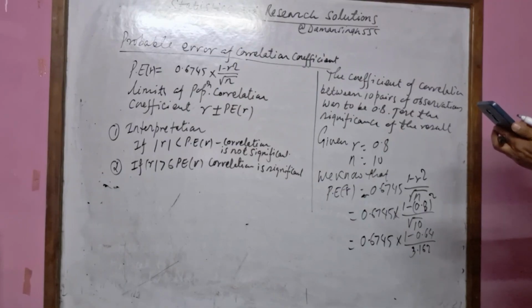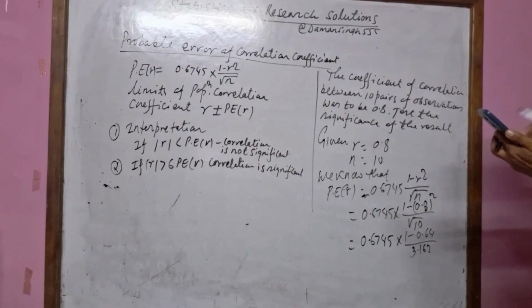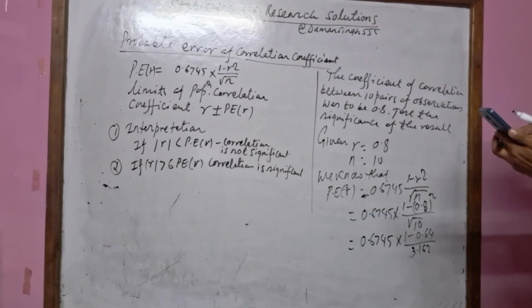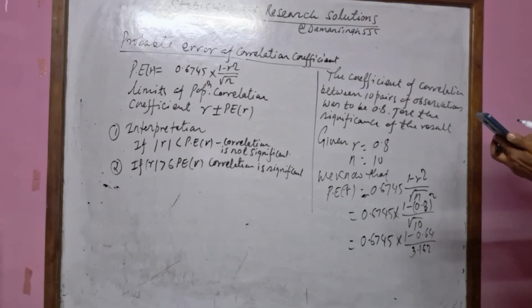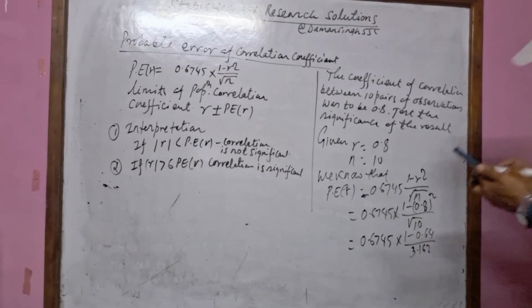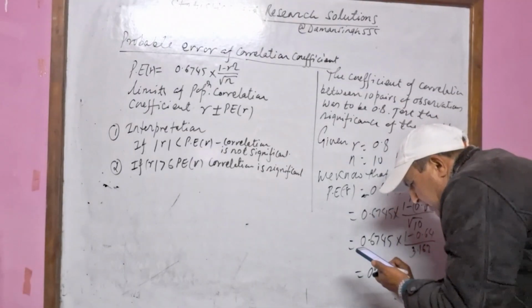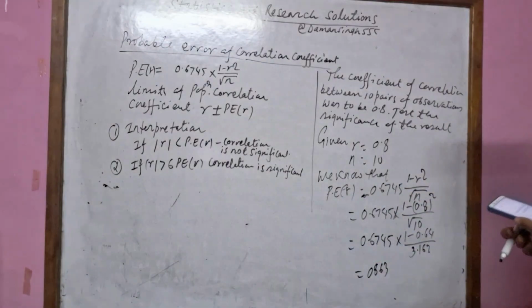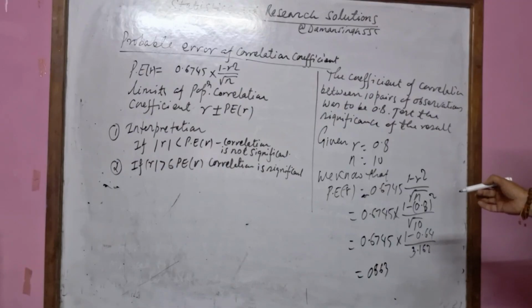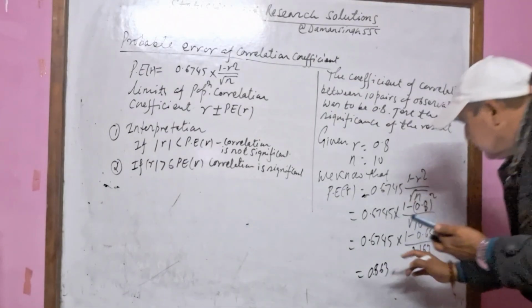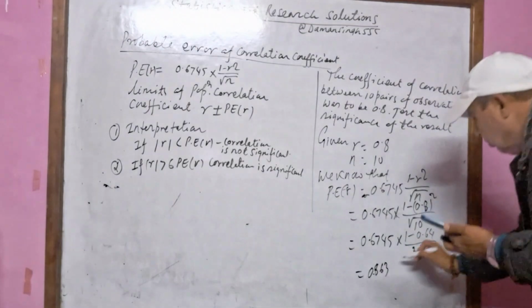Now we subtract from 1: 1 minus 0.64, and then we divide 0.6745 by 3.162. That is 0.8634.